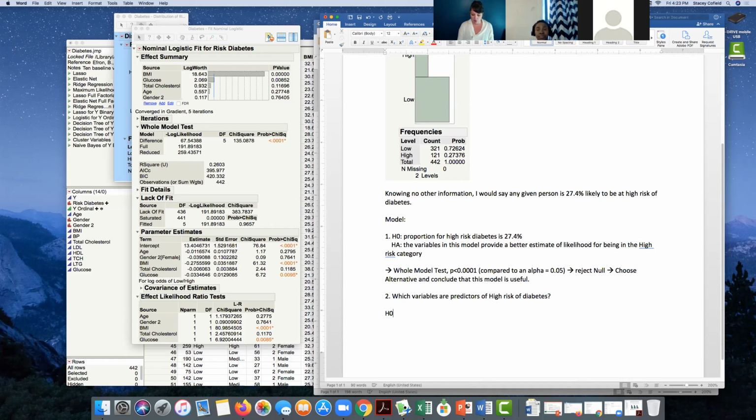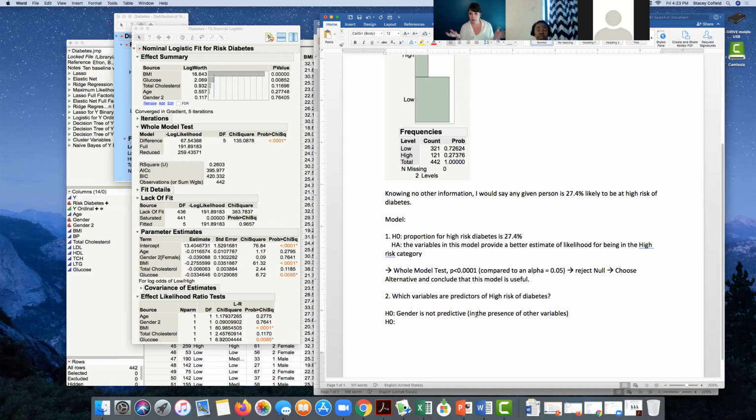We're going to have several null hypotheses here. Age is not predictive. Gender is not predictive, and the thing that we need to put out here is that it's in the presence of the other variables.